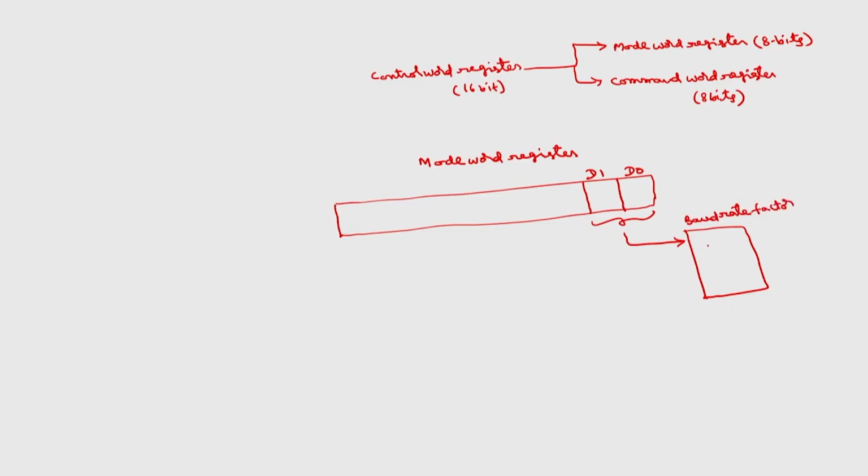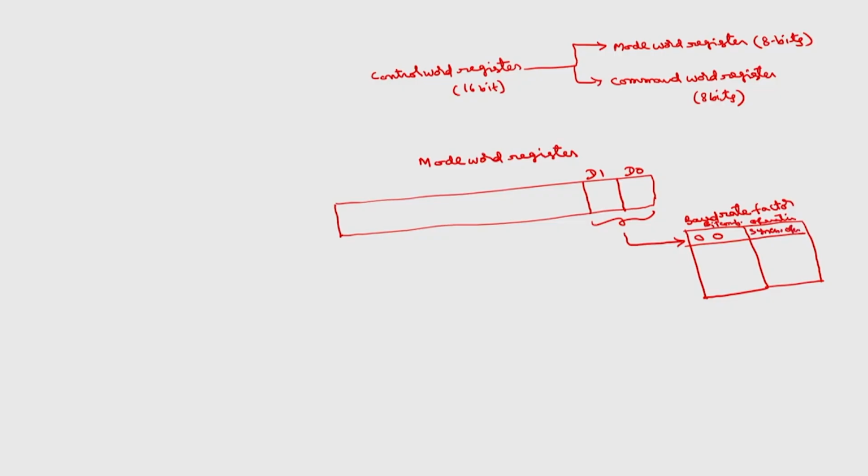If this is 0 0, this is the bit configuration for the operation. 0 0 means synchronous operation.